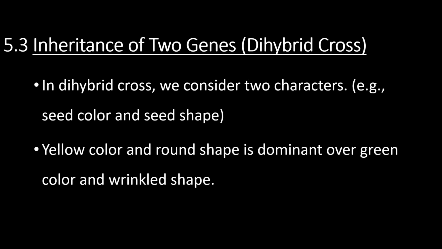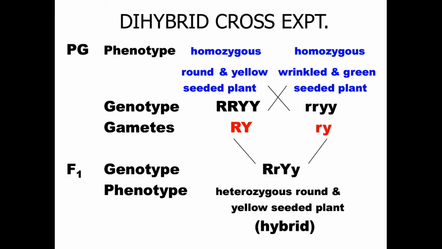Yellow color and round shape is dominant over green color and wrinkled shape. Round yellow seeds are designated as capital R, capital R, capital Y, capital Y. Wrinkled green seeds are designated as small r, small r, small y, small y.